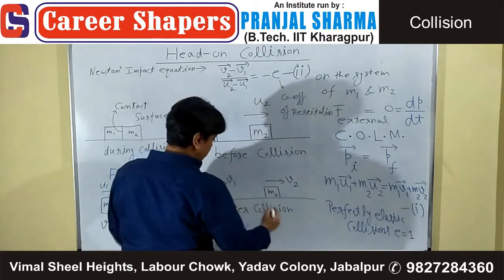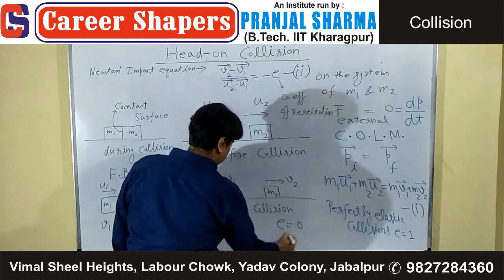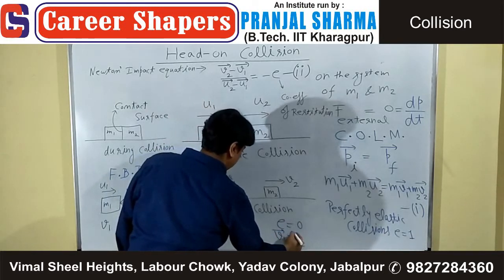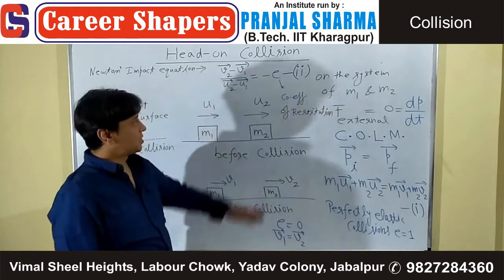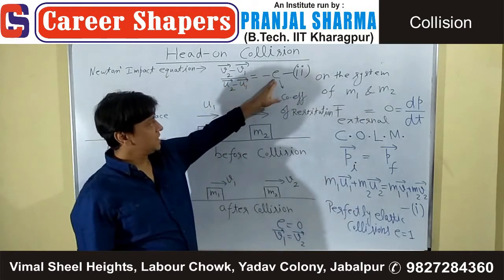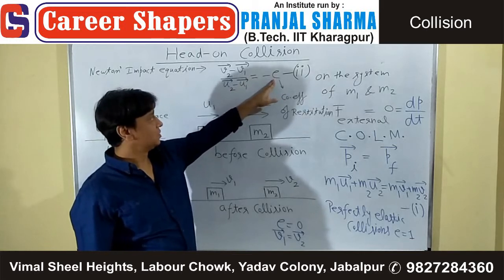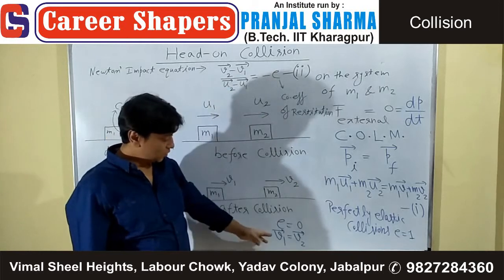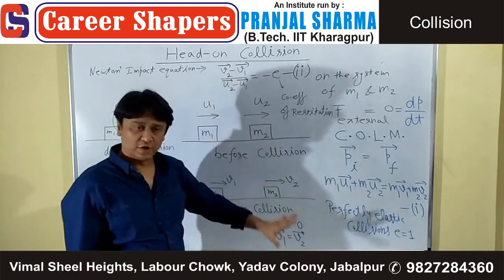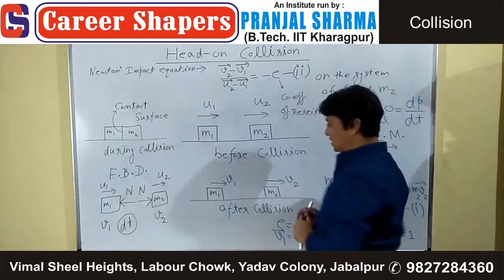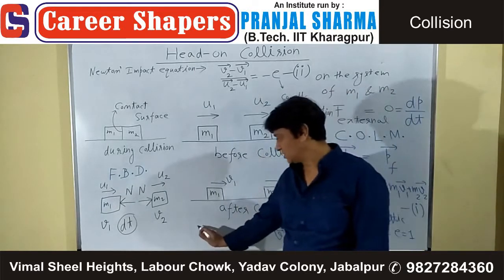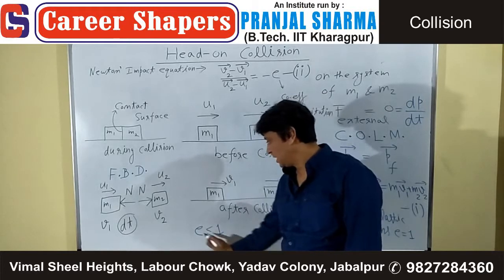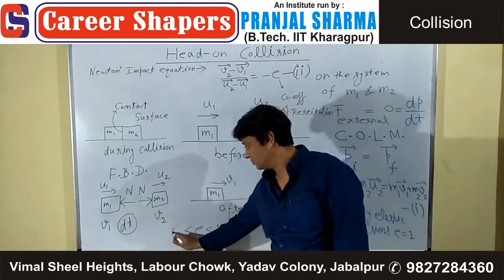That is, V1 is equal to V2. And this is something which is coming from the equation itself. If your E is 0, then V2 minus V1 becomes 0, giving you V1 equals V2. And because of this we say that E lies between 1 and 0.